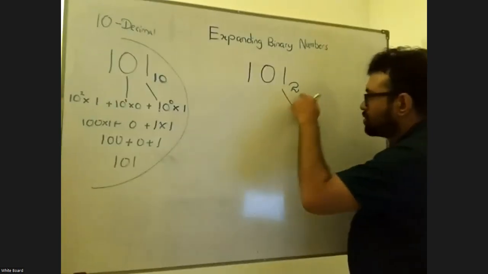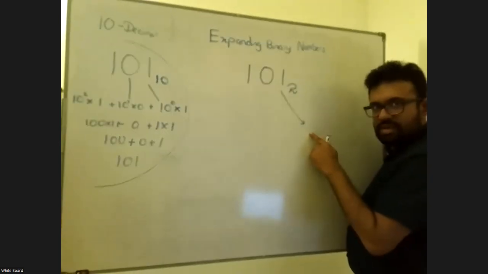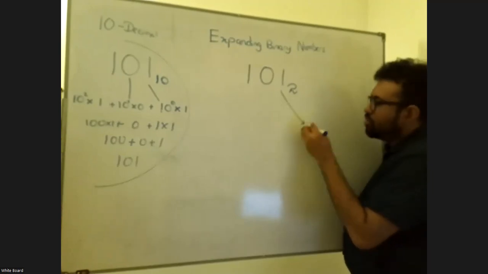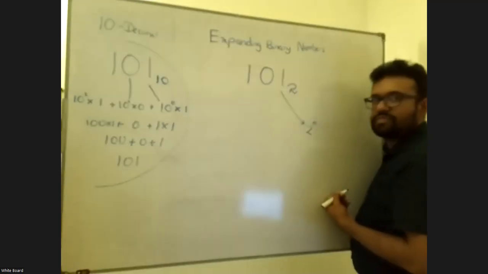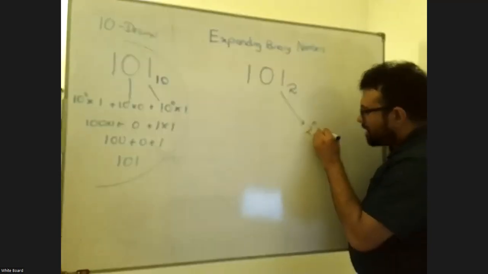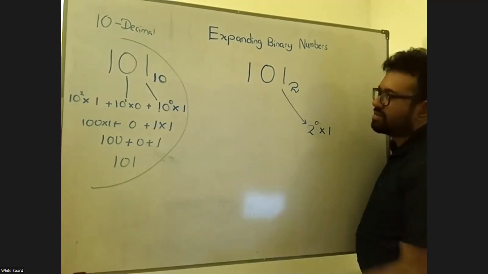If it is binary, it has base 2. If it is base 10, 10 to the power 0, if it is base 2, what is it? 2 to the power 0 multiplied by 1. Now you can tell.